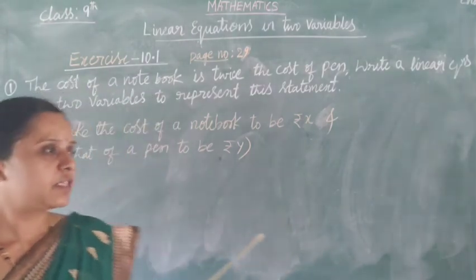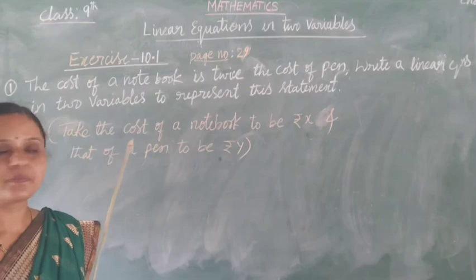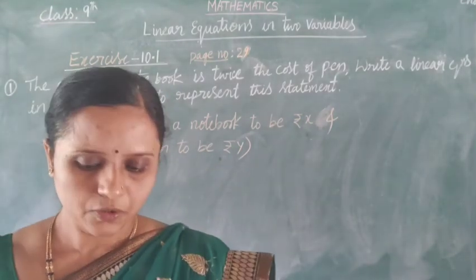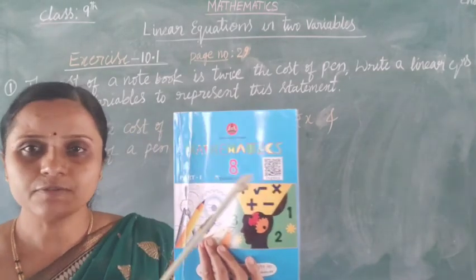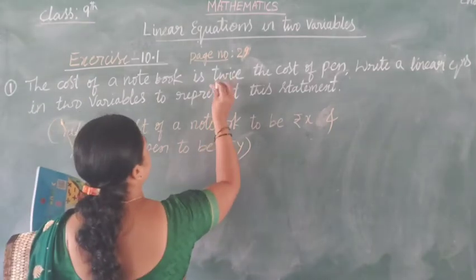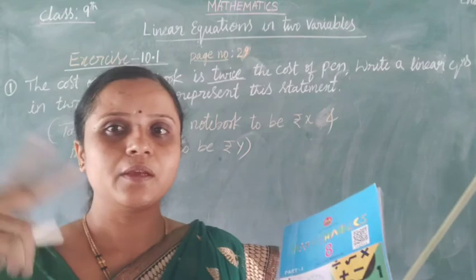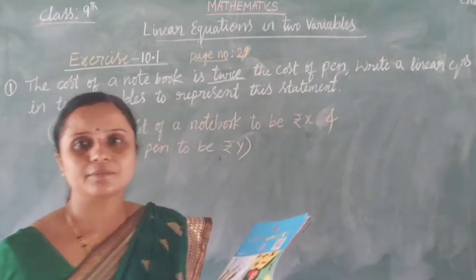Here the statement is given. What is that statement? The cost of a notebook, consider this is a notebook. The cost of this notebook is twice. Twice means 2 times the cost of a pen.